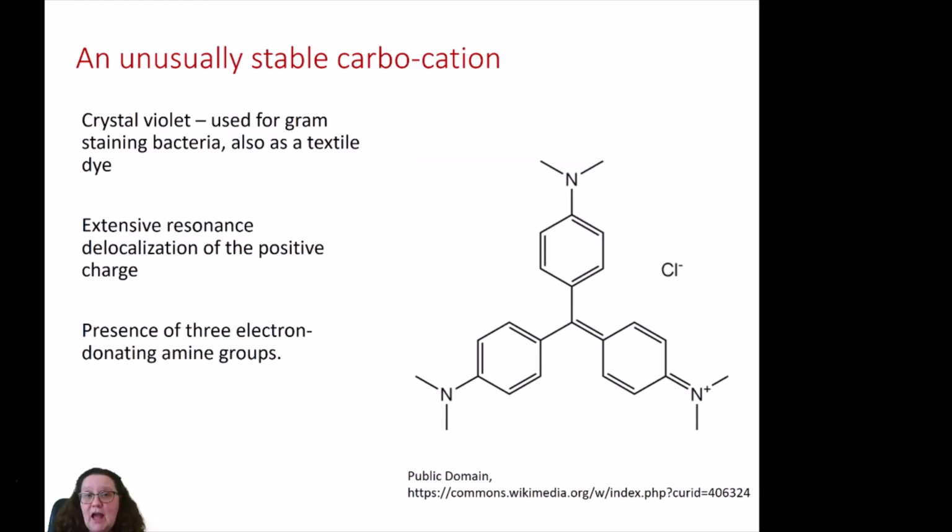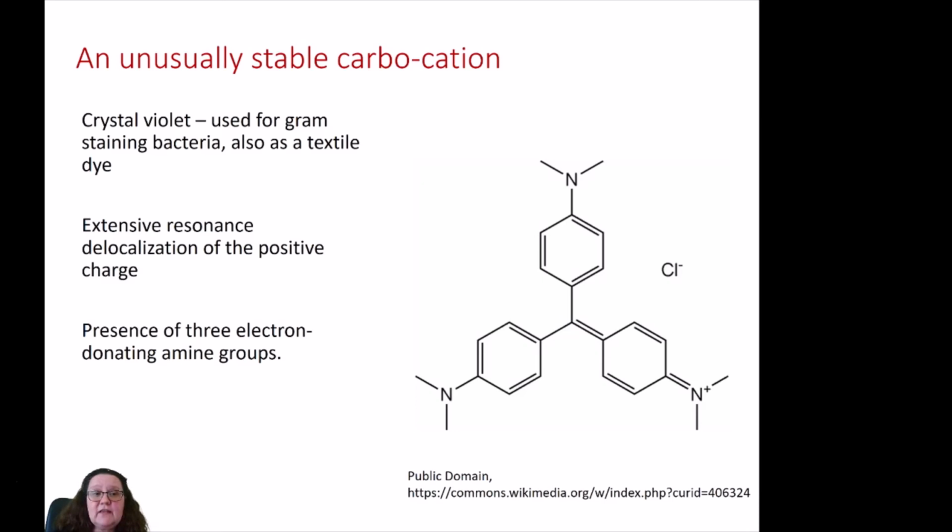Sometimes you can have very stable carbocations, and crystal violet, which is a purple dye widely used in biology, for example, for gram staining bacteria and also in the textile industry, is an example of a very stable carbocation.